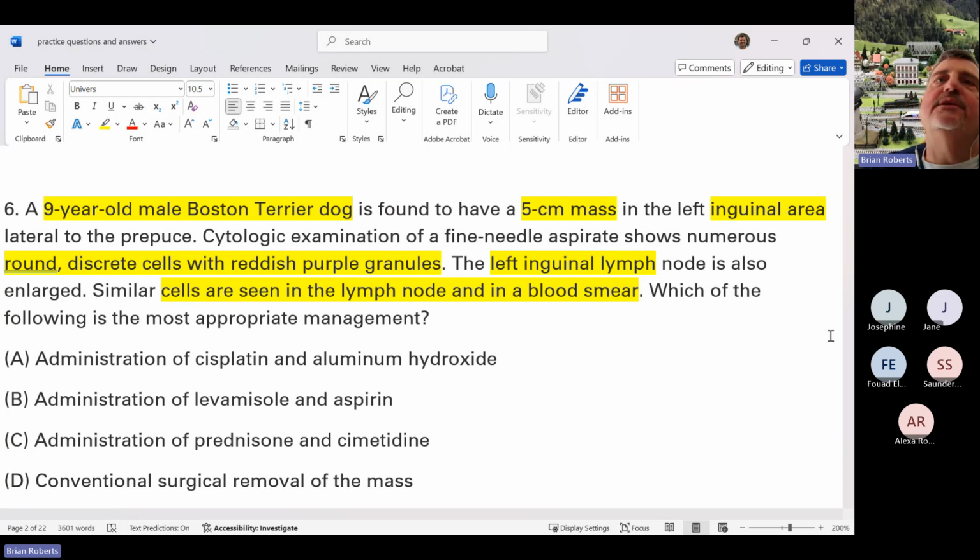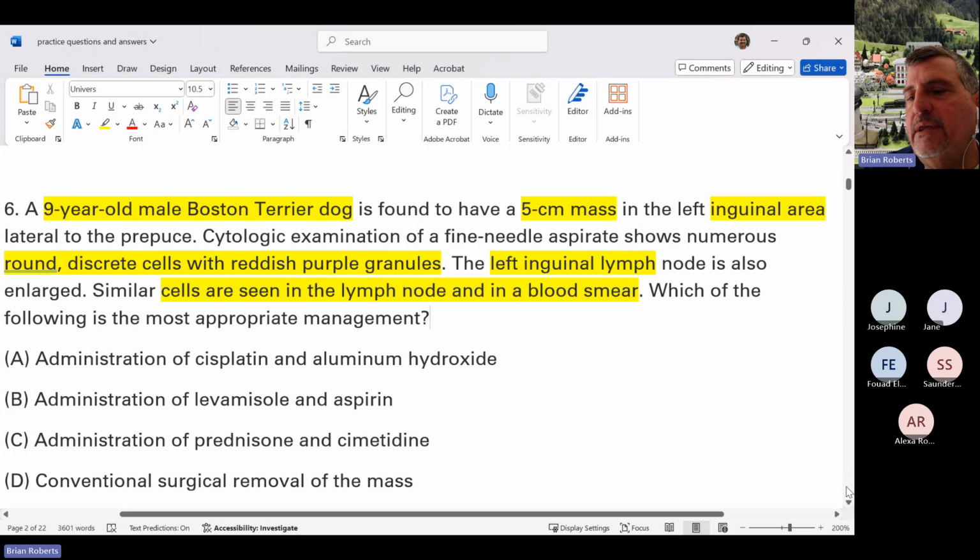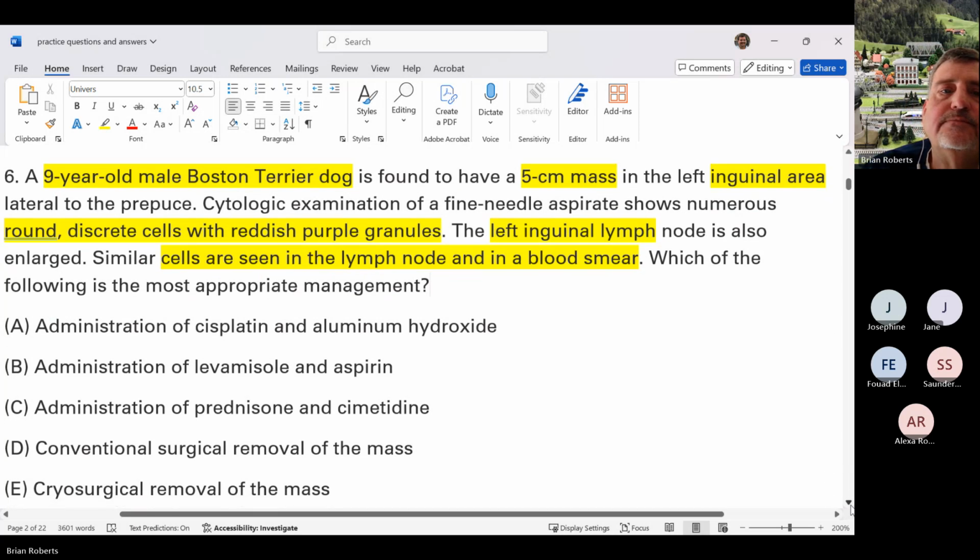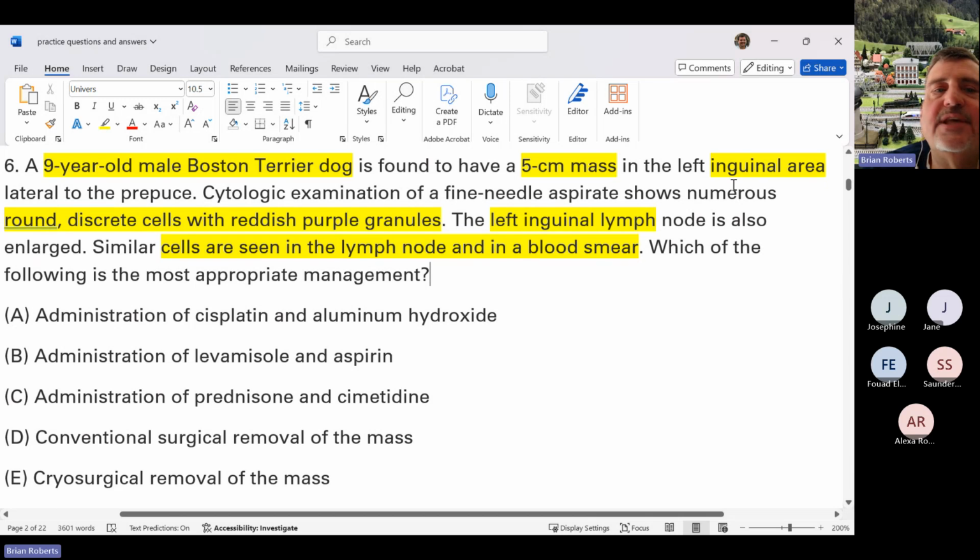If it's lymphoma, is it in the blood? So you have to know about staging a little bit, and you have to know about cancer in dogs. They're telling us when you look at the sample, we have round discrete cells. Okay, so that is telling you it is a round cell cancer.